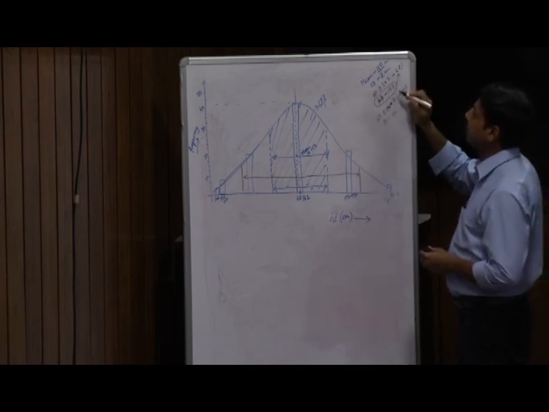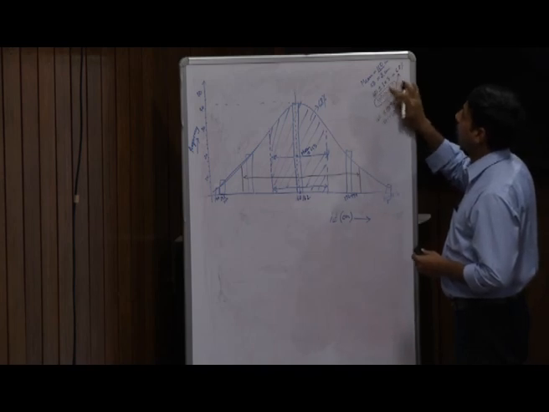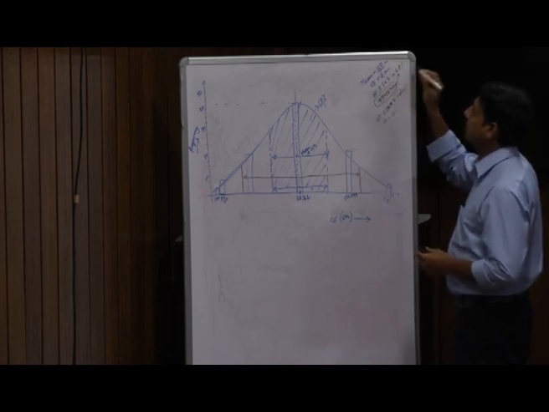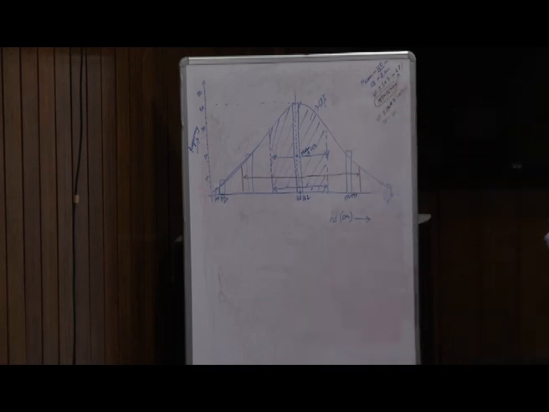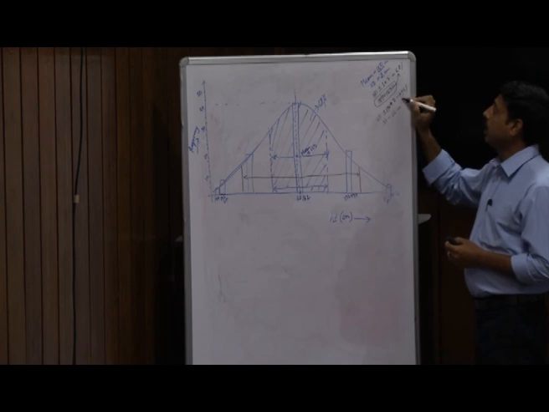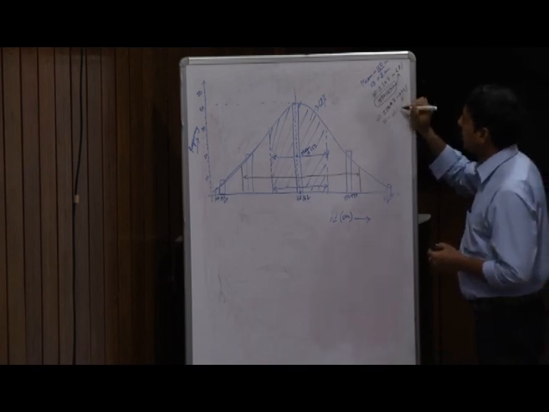We can write in opposite way. So 157 to 163 centimeter. Within this range we are covering 68%. 154 to 166 centimeter, within this range we can cover 95% of the population.